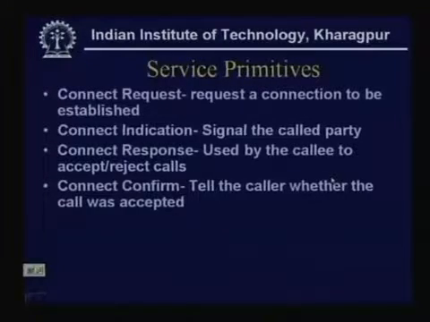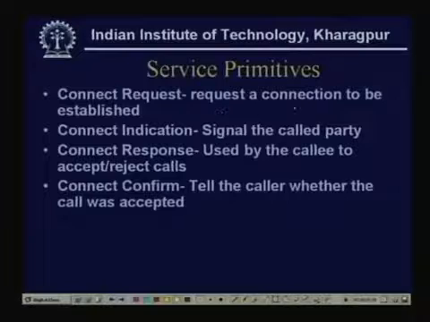Now, whenever service is provided, particularly connection oriented, then there are some service primitives. One service primitive is connection request. A request is made, that with the help of the connect request, one side of the system requests a connection to be established.